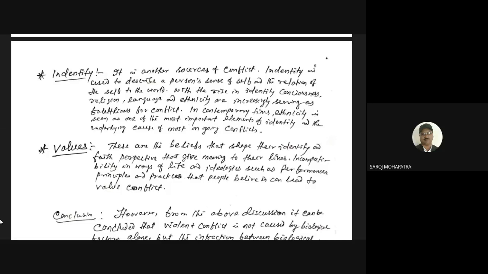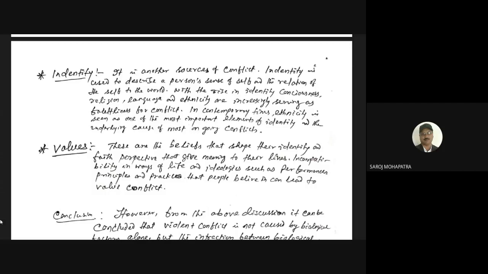Language: our language should be given priority. Ethnicity: ethnic groups like the Gorkhas in Gorkhaland or the Nagas want a specific land and their cultural identification.